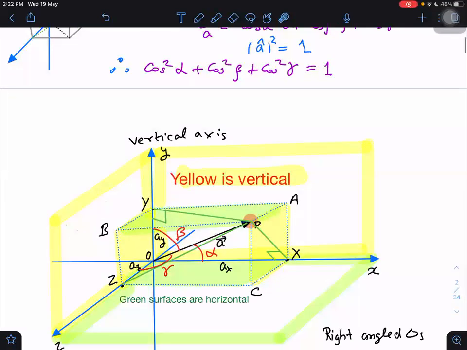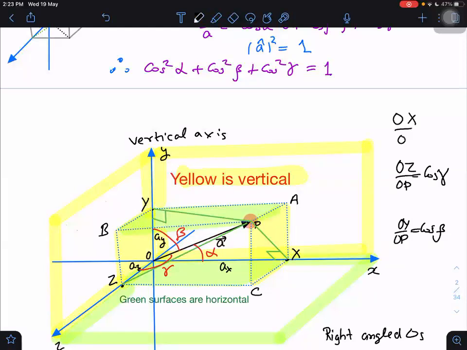Yes, sir. Similarly, for y I can write OY upon A, OY upon OP. What is OY upon OP? Cos beta. Exactly, cos beta. And what will be OZ upon OP in the similar fashion? Cos gamma.